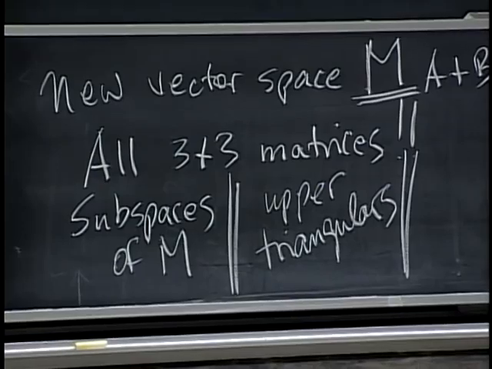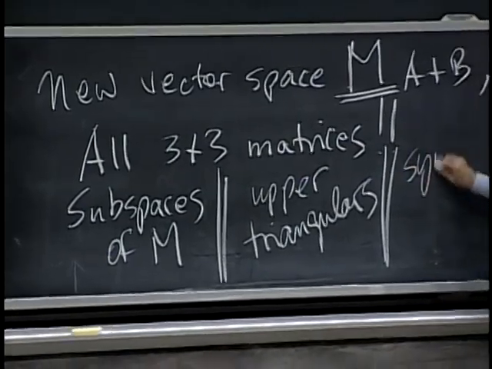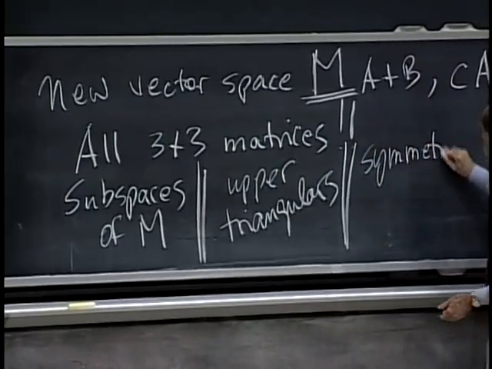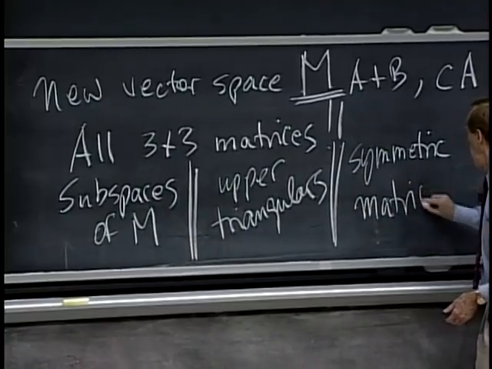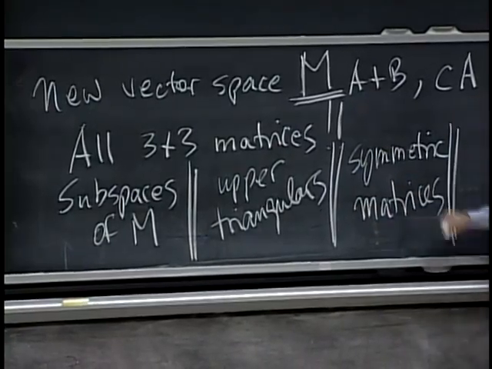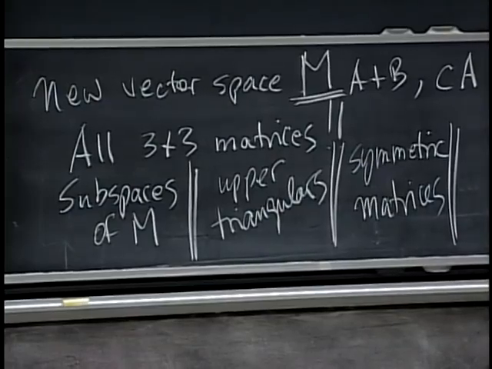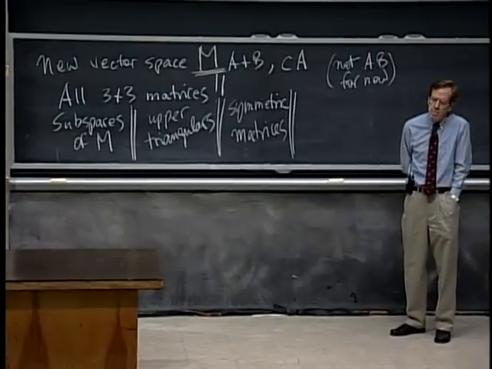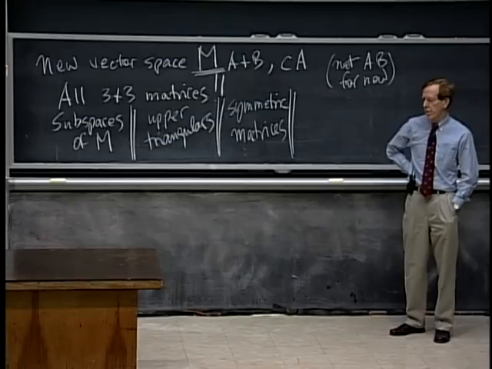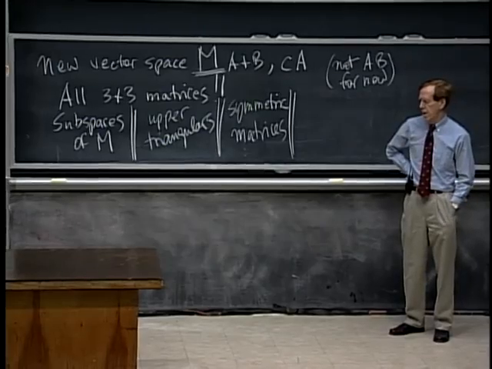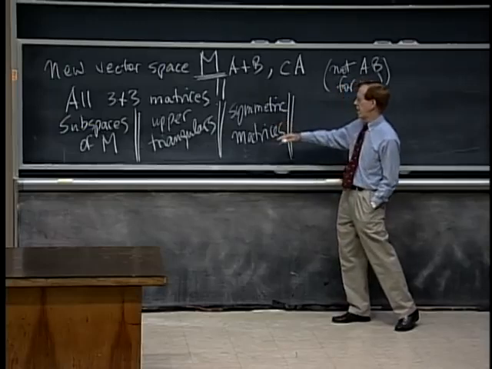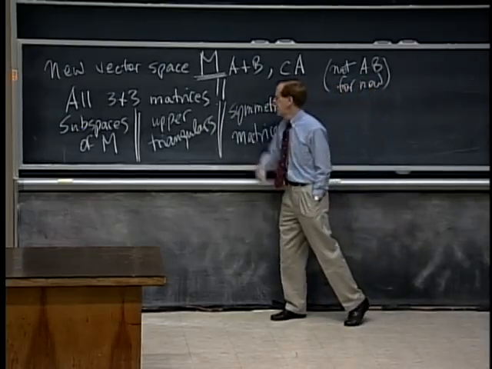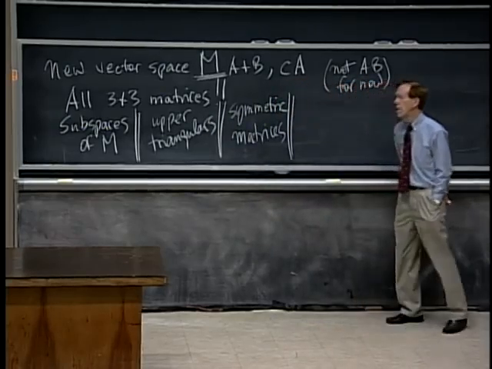Another subspace, all symmetric matrices. The intersection of two subspaces is supposed to be a subspace. We gave a little effort to the proof of that fact. If I look at the matrices that are in this subspace, they're symmetric, and they're also in this subspace, they're upper triangular.